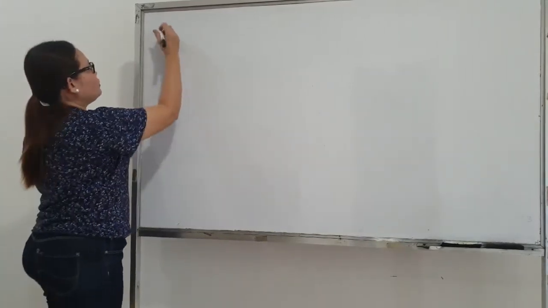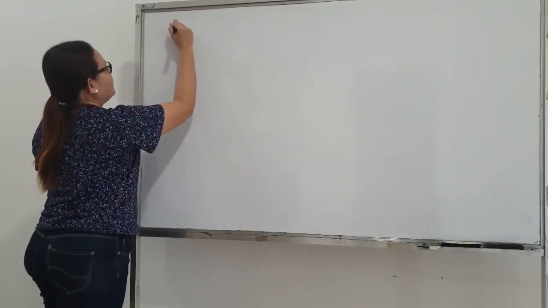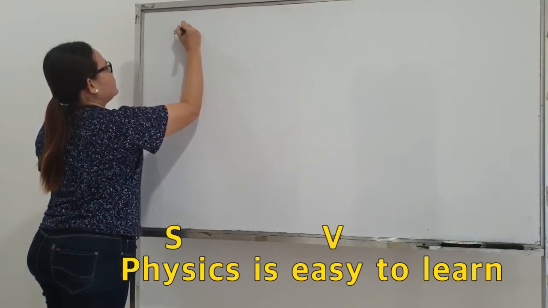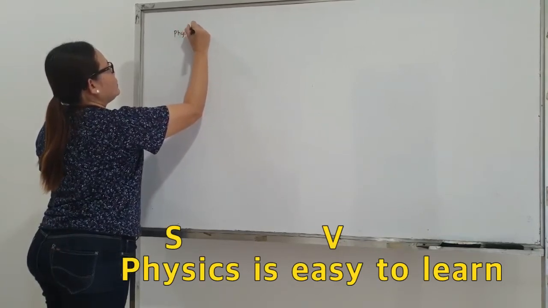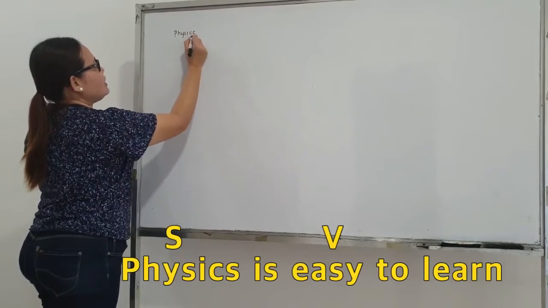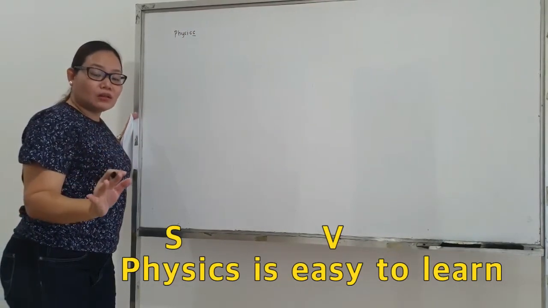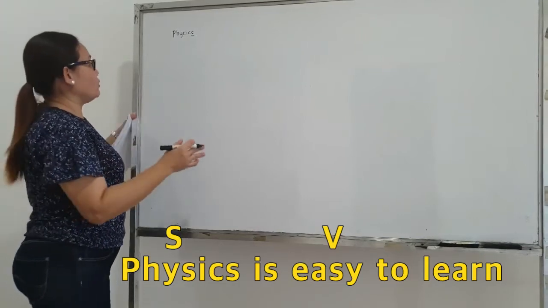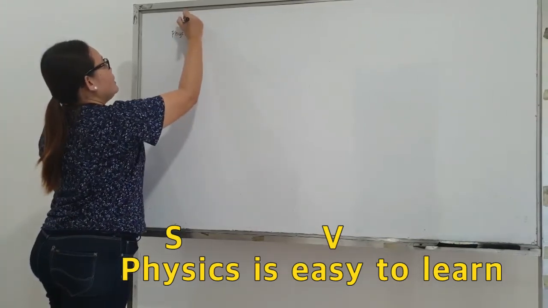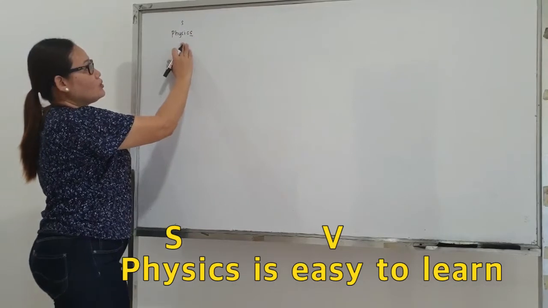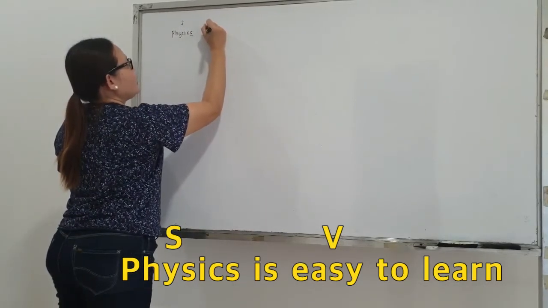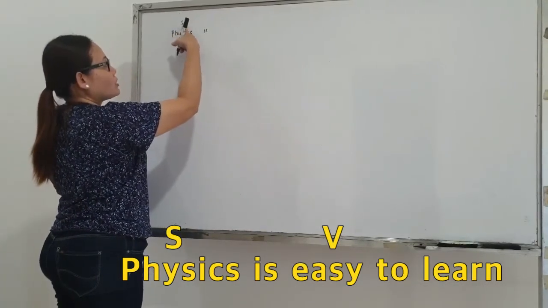Like, for example, with the word physics. As you can see here, it ends in s, but that doesn't mean plural. It is singular. Since this is your subject, as I have said, the verb should also match with your subject.